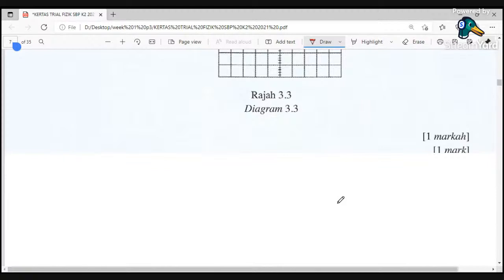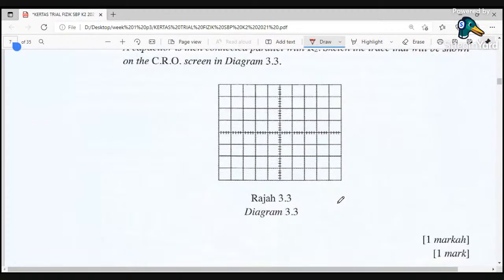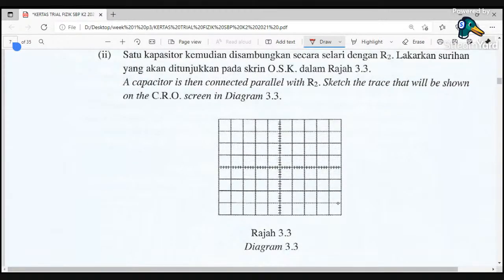So we'll draw the diagram for this one. Let's say we have the rectification graph. Initially it is like this.